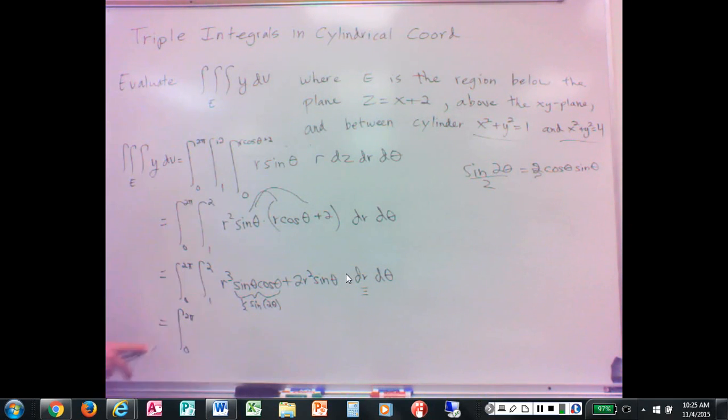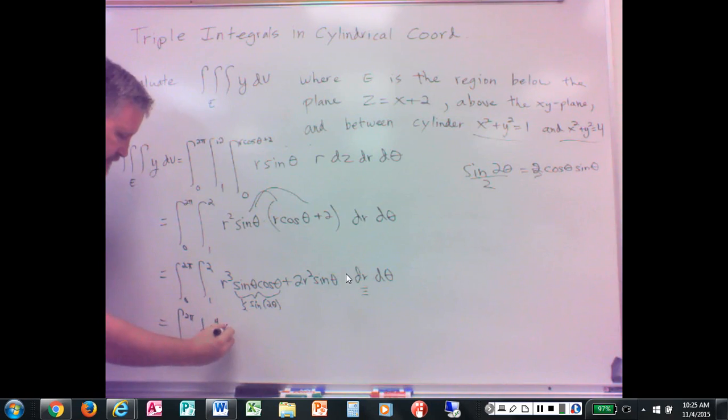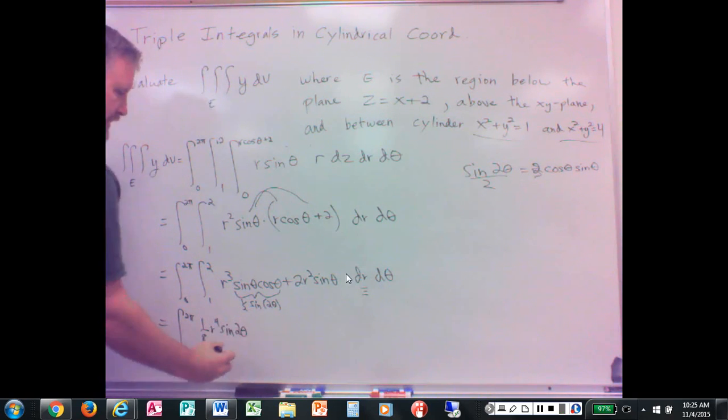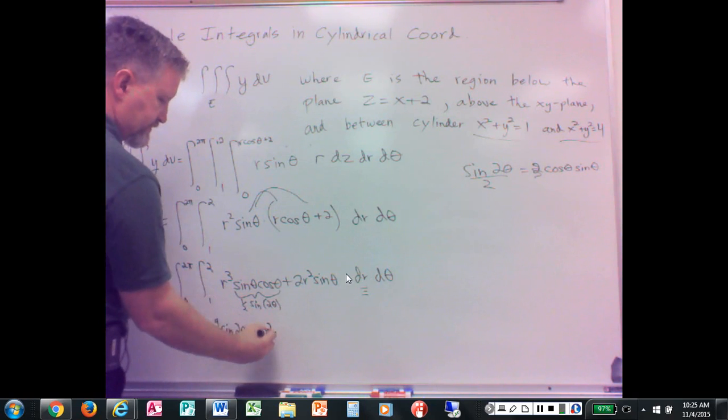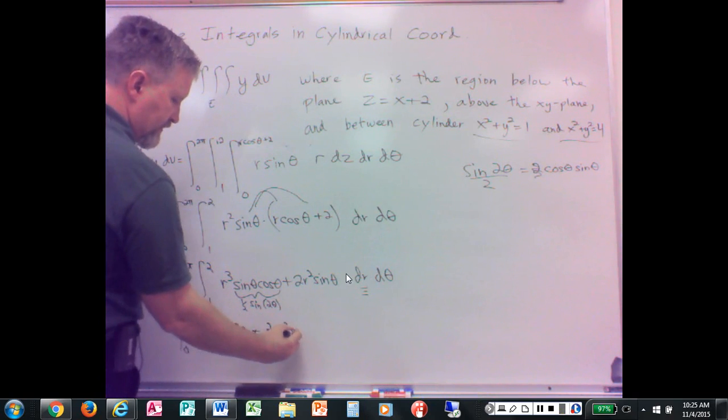All right, so this is 1/2 r cubed sine of 2 theta. We'll integrate that with respect to r. That'd be 1/4 r to the 4th, so that's going to be 1/8 r to the 4th sine of 2 theta. Plus, integrating with respect to r, that would be 2/3 r cubed sine theta.